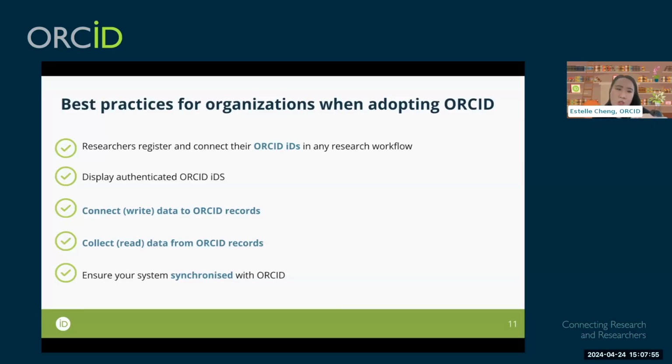And you can use the member API to add information to ORCID records and also to read information from ORCID records to pre-populate any forms in your systems and to ensure your systems are synchronized with ORCID. So whatever happens at your researchers' ORCID records will be reflected in your system and vice versa.